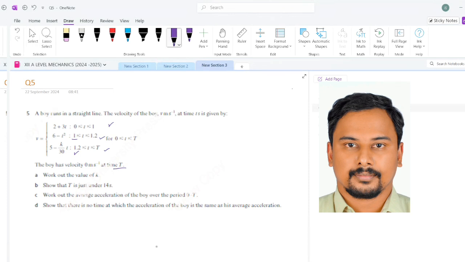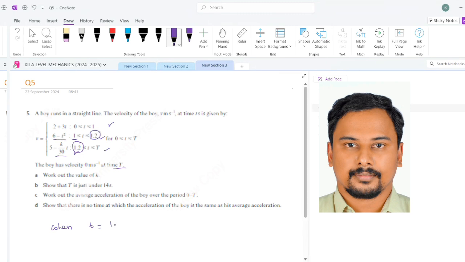First you can choose a common time. So when time t is equal to, what is the common time? Let us take 1.2, because we need to find the k value. Which equation uses the k value here? 5 minus k by 30, this one. What is the time it involves here? 1.2. And another equation, 6 minus t square, also has a time of 1.2 seconds.